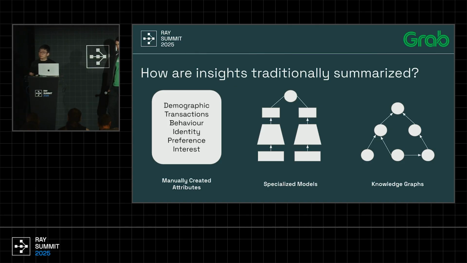We also have some teams building specialized models to learn representations from the data, tailored to each individual use case. Some teams also build knowledge graphs to indicate the connections between different pieces of information, which provide a structured way of capturing the relationships within the data.